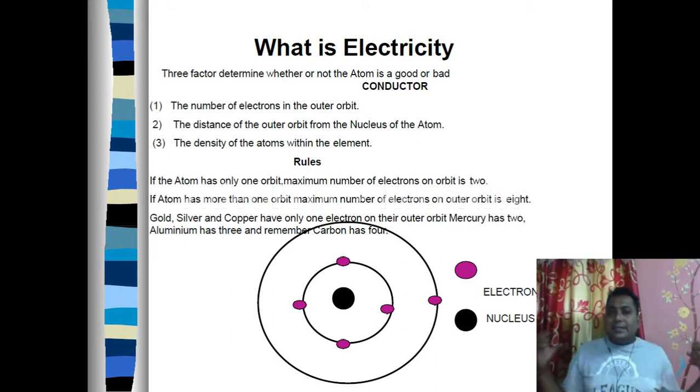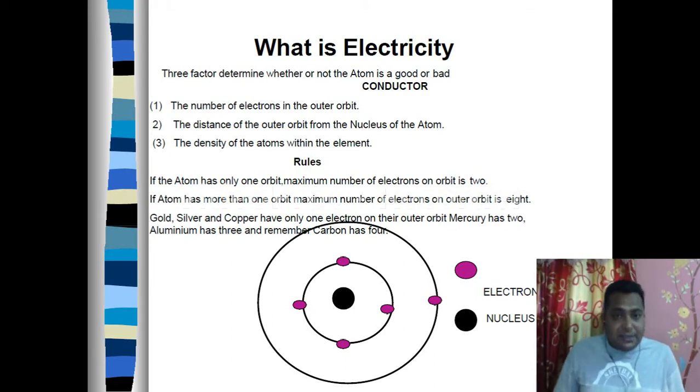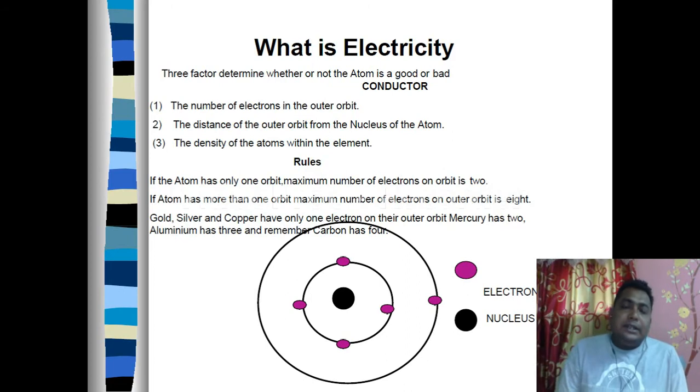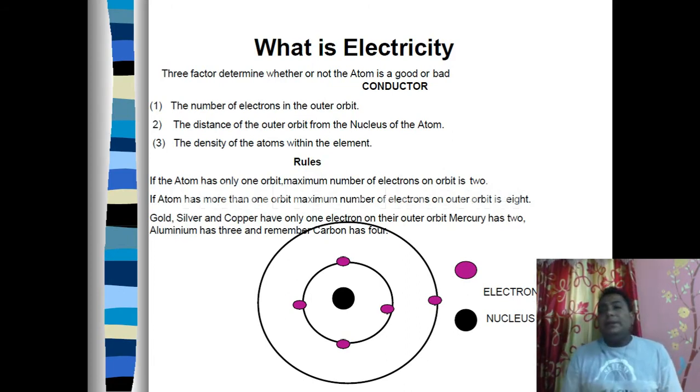Now if the distance increases, the attraction will decrease, and then the possibility of more free electrons will increase. So it will act as a good conductor, correct? I think I am clear on my point.